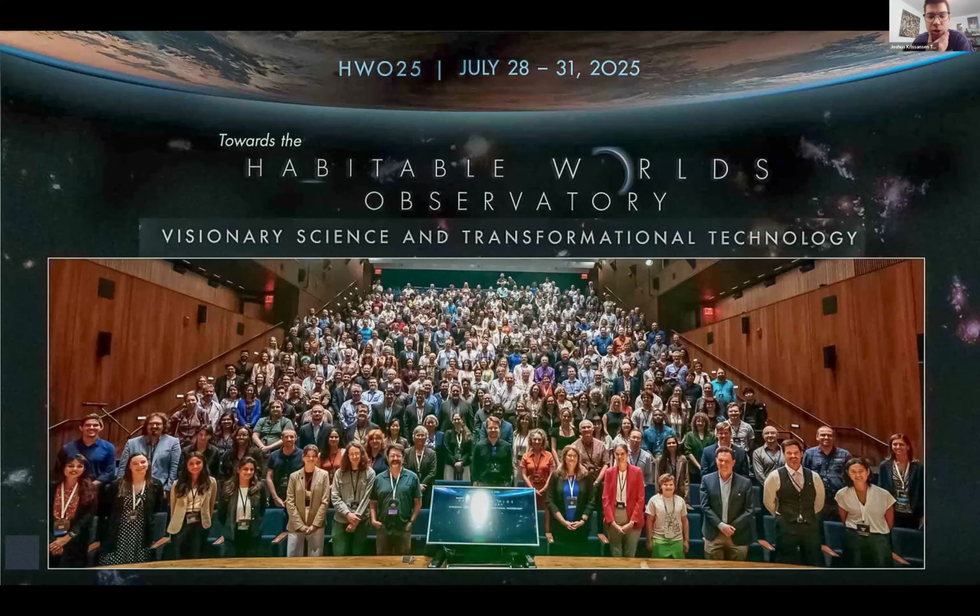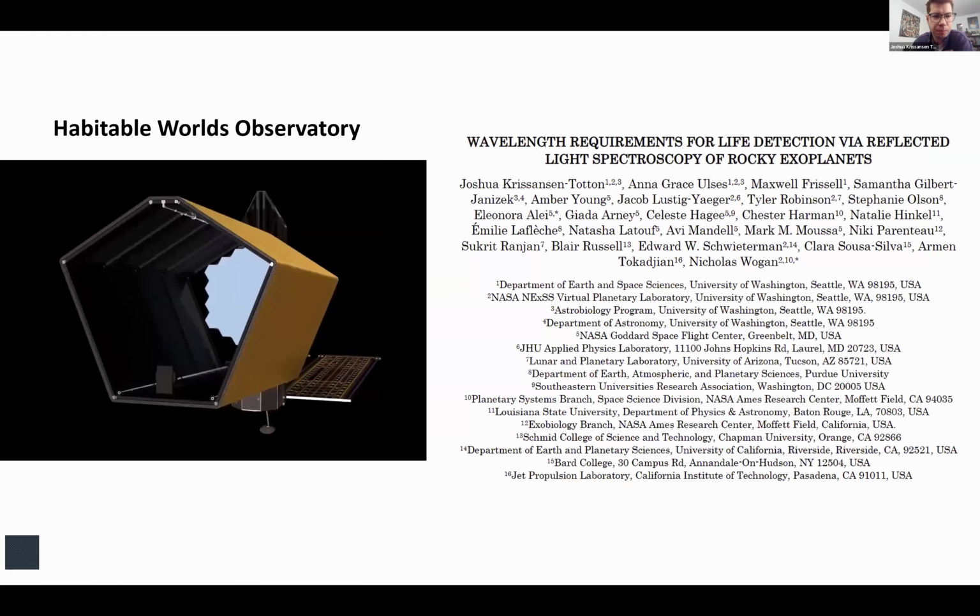And this picture was from a meeting I attended earlier this summer, whose whole purpose was to try and define the science and engineering challenges of this telescope and figure out its architecture. So this telescope would be purpose-built to look for life on Earth-like planets around Sun-like stars. It will be the first telescope of its kind to do that. This is a depiction. It won't look like this, but it might look something like this. It's a 6 to 8 meter mirror in space.